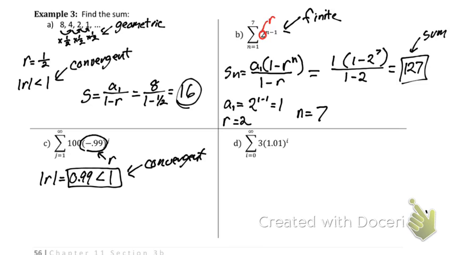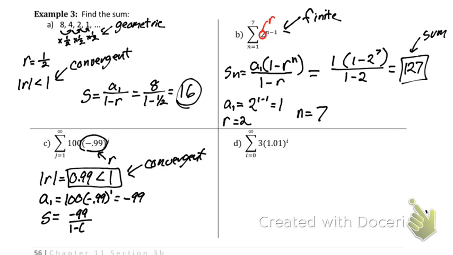So I can find the sum, and that's going to be S equals my first term, so we need to find our first term. My first term is going to be 100 times negative 0.99 to the first, which is going to equal negative 99. So our sum is going to equal that negative 99 divided by 1 minus our r value.